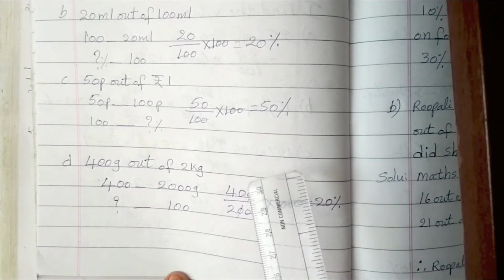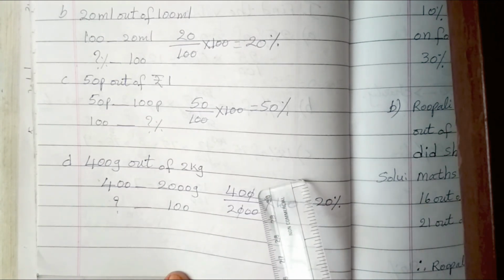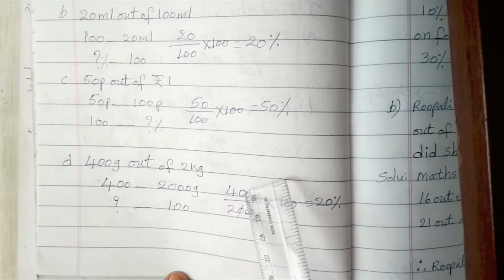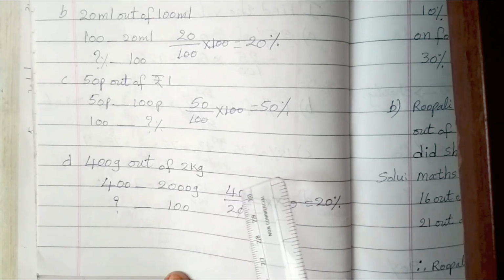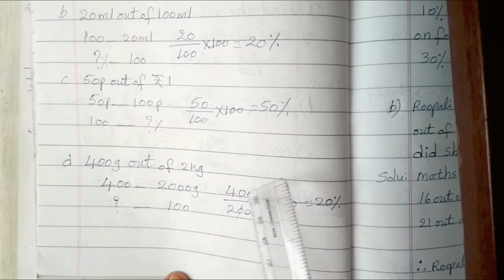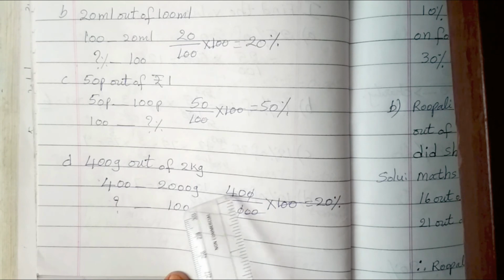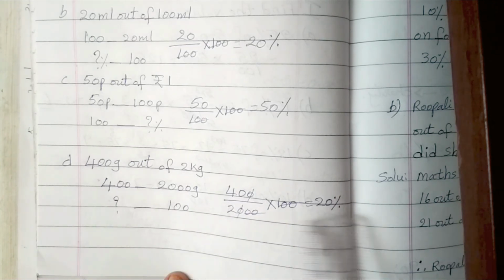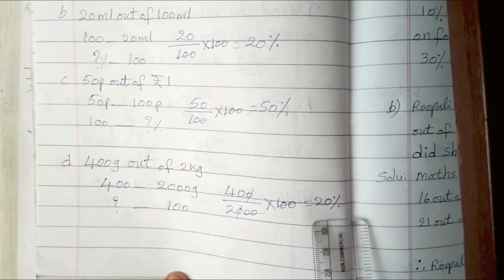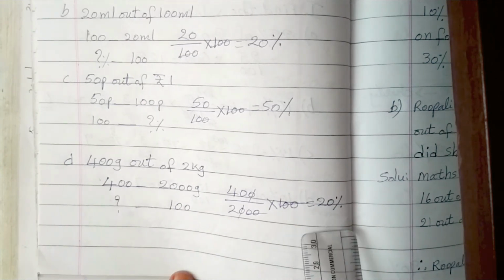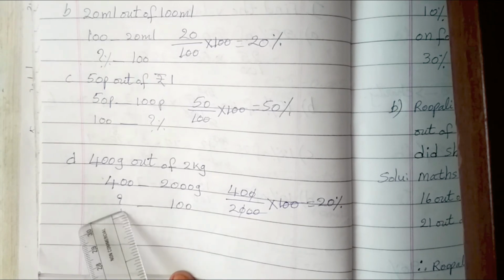So remains here 400 by 20. Again you cancel the zeros, then it remains as 40 by 2. Then 40 by 2 is 20. Right? So write as 20% over here.